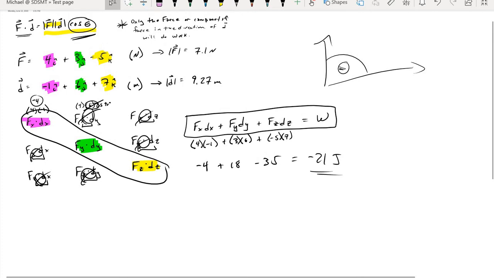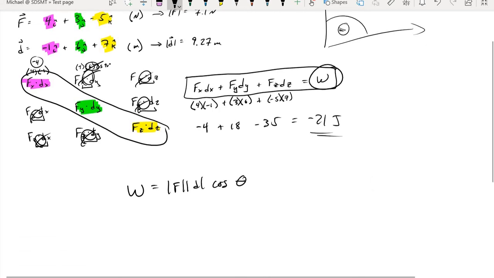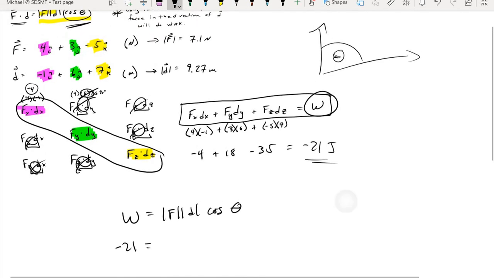Well, we can actually do it quite easily now, because we've just found out how much work has been done. Even though we've used the component form to evaluate that work, now that we know how much work has been done, we can plug that value in along with the magnitudes of the force and displacement, which we solved a few minutes back.